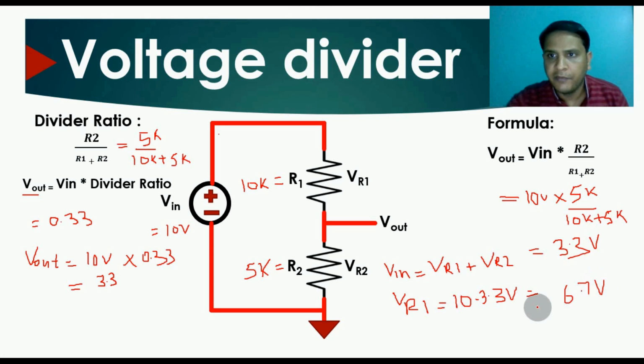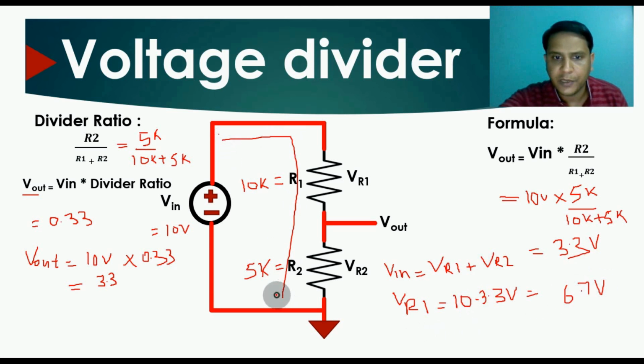Now I will find the power dissipation of these two resistances. To find the power dissipation, you have to calculate the current value. Let us say the current flowing through this branch equals I. So I equals V in, that means 10 volt, divided by 10k plus 5k, that means 15k.